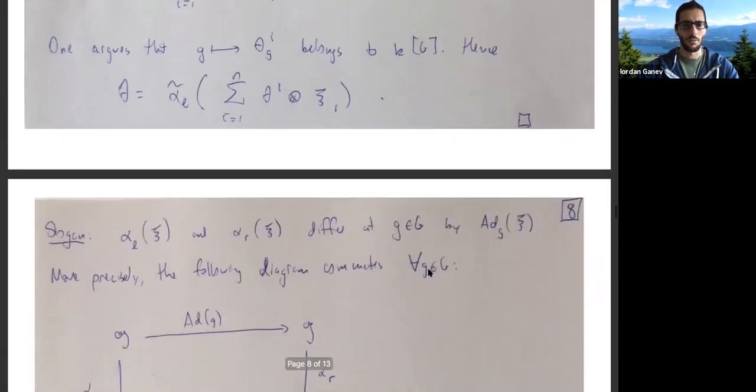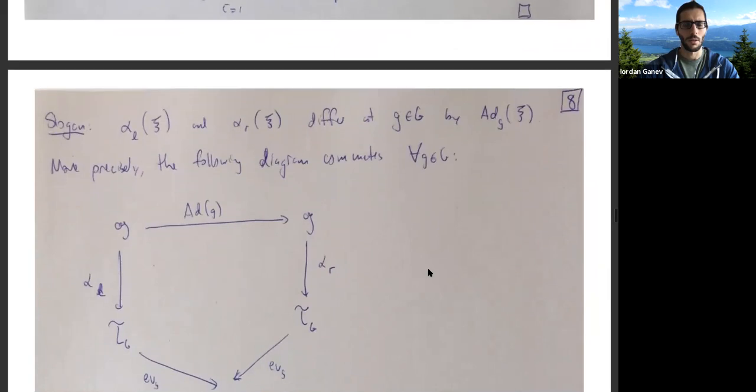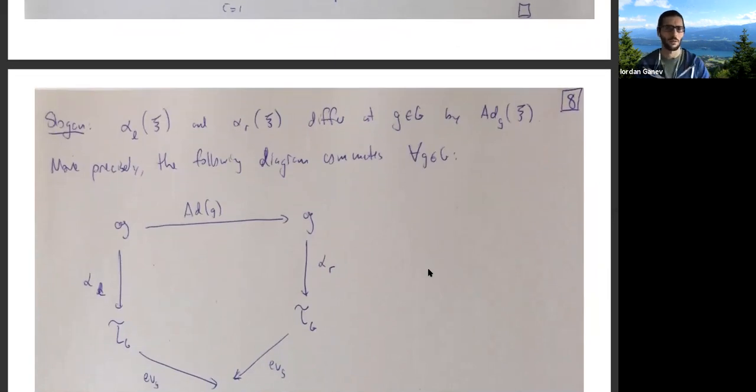Yeah. So now we have these two isomorphisms. There's two ways to think about how an element in the Lie algebra defines a vector field. And so given an xi in the Lie algebra, we can compare these two vector fields that we get at any point in the group G. So what happens is the following.